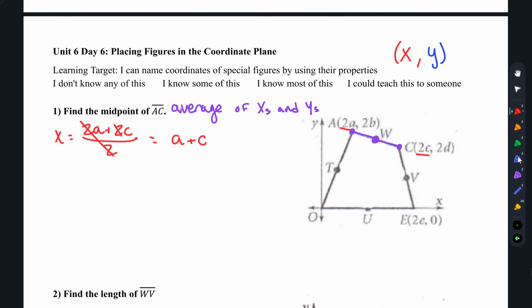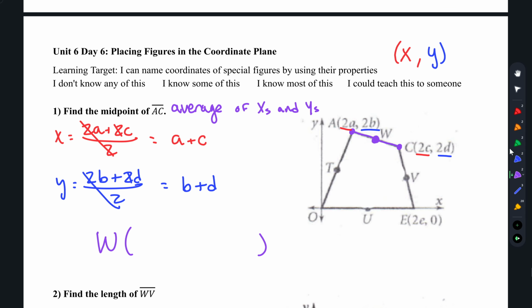Then I do the same thing for my y's. For y's, I want 2b plus 2d over 2. Again, I can cancel out those 2's. The y coordinate for W is b plus d. So literally, as a coordinate point, W is (a plus c, b plus d).